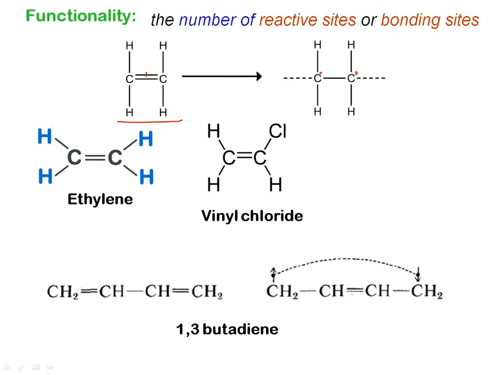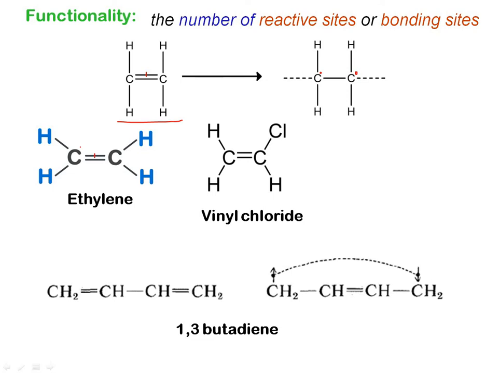A monomer must have at least two reactive sites on it, so that it can form the polymer chain. And monomers with one active site never form any polymer. So it is essential that each and every monomer is at least bifunctional in nature. So here a few examples. Ethylene, here you can see this double bond.